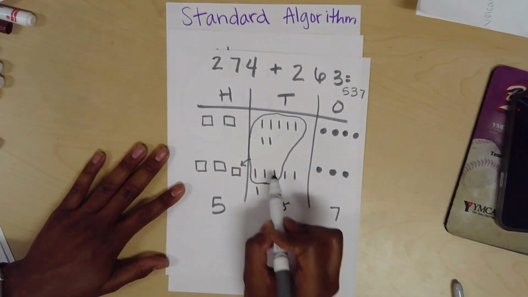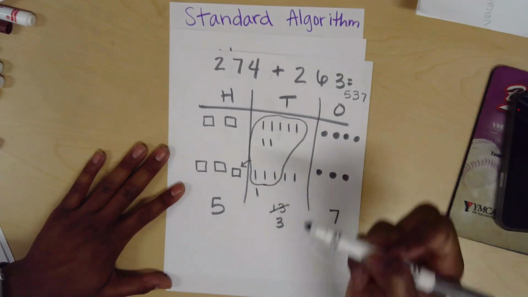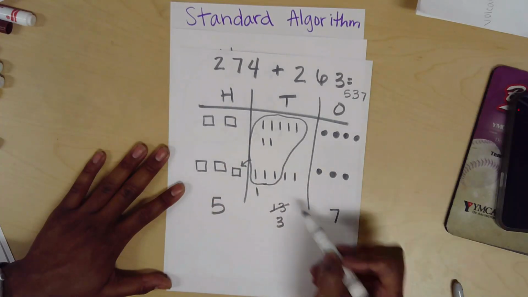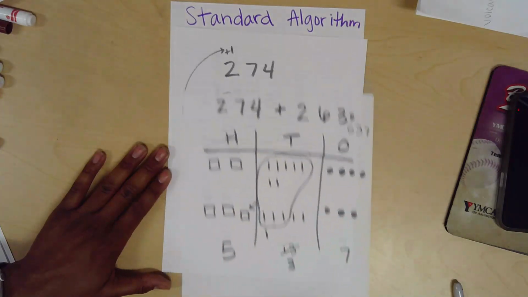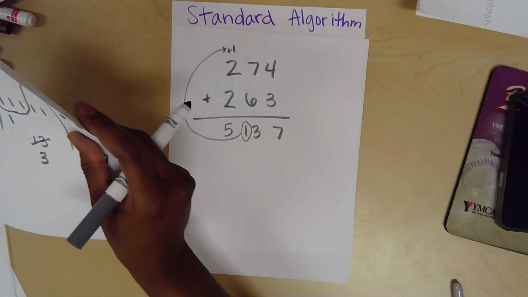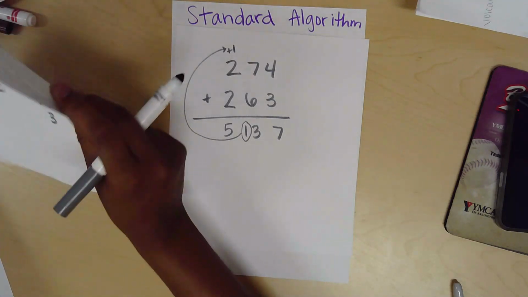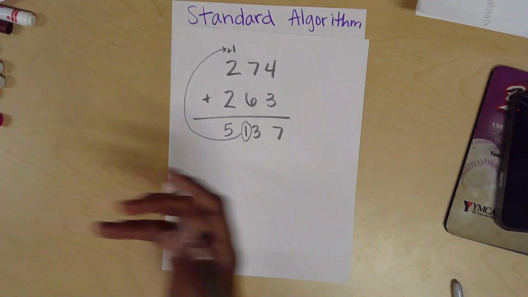And so that's how it ties back to the HTO table way of regrouping that and bringing it over, because they're starting to grasp that concept of, okay, it's more than 10. I can take that 1 and bring it on over here. I can take those 10 tens and bring them over to that hundreds place. So that's why we specifically really want to get them to understand why we're doing it the way we're doing it, instead of just telling them you carry a 10 because that's what you're supposed to do.